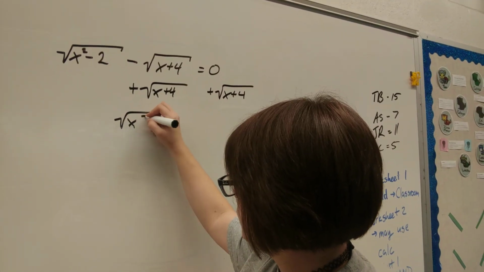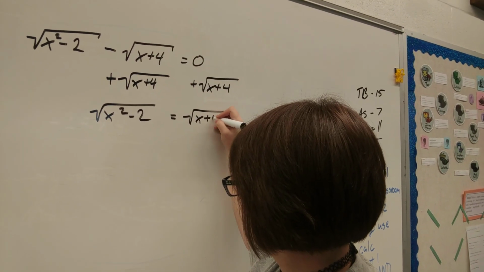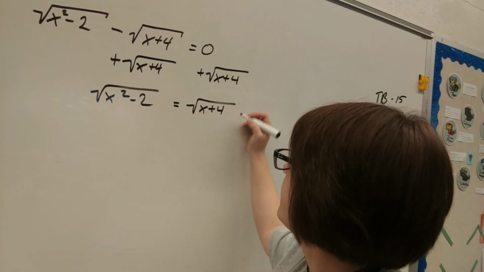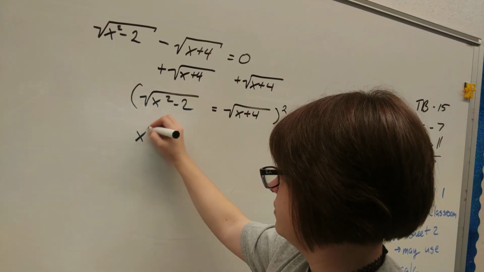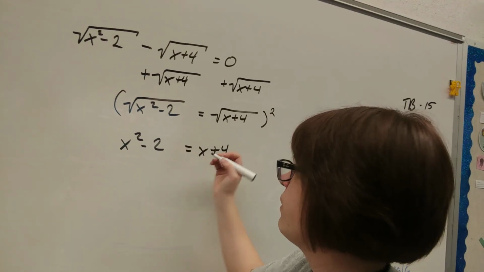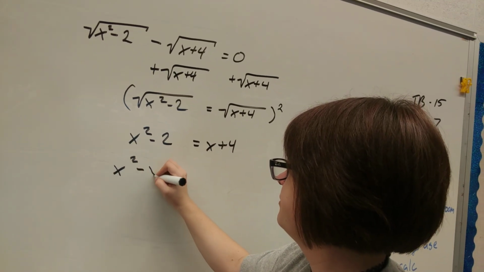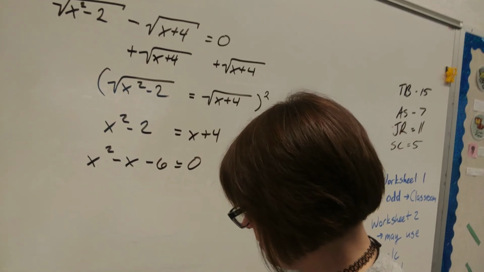And now I've got x squared minus 2 equals the square root of x plus 4. Yep. And now I can square everything. And whenever I subtract x from each side, and I subtract 4 from each side, I get that.